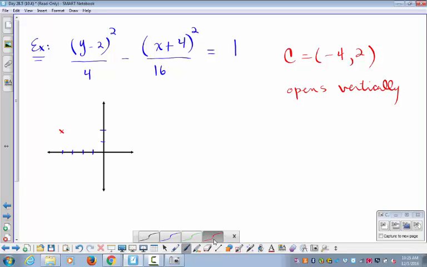And hopefully by now, or within the next 5 seconds, it's obvious that this opens up, because this has y-intercepts and it doesn't have any x-intercepts. So this has to open vertically.